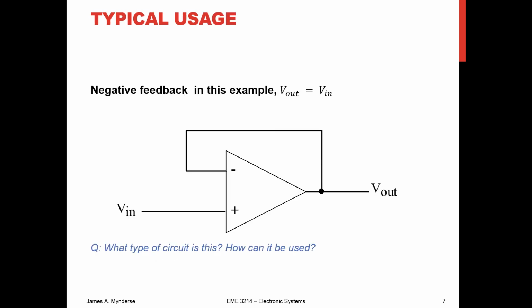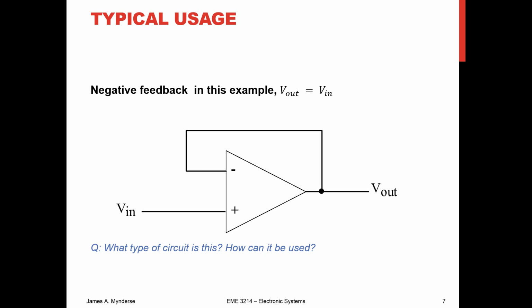So we'll always have something like this, where one of the terminals is connected through a resistor or a wire to the output. That's our feedback. In this case, we put a V in to our plus, and we have our negative connected around to the output. If you apply the golden rules, then you'll see that V plus and V minus should be the same, which is V in, and V out is directly connected to V minus, so V in must be V out.